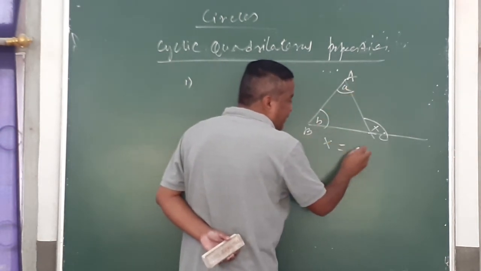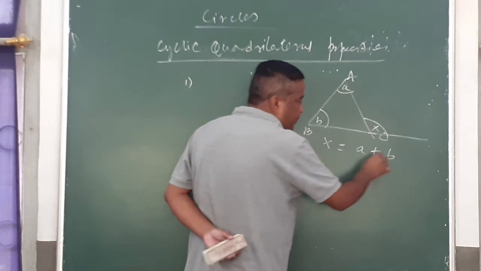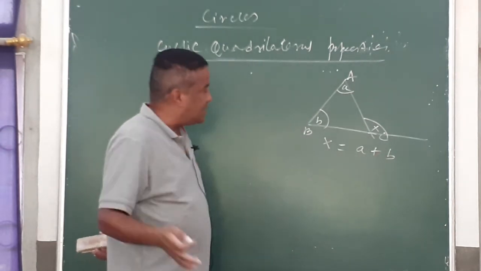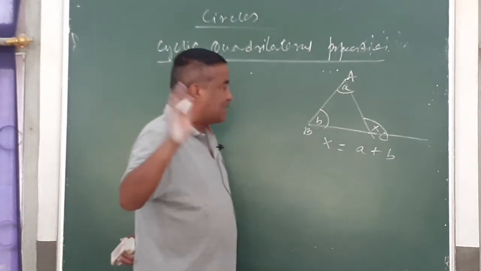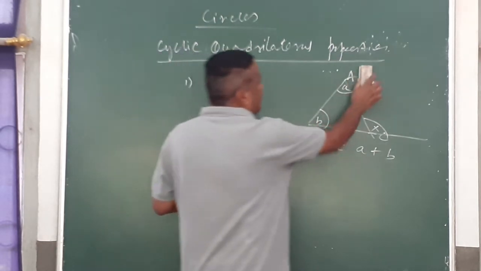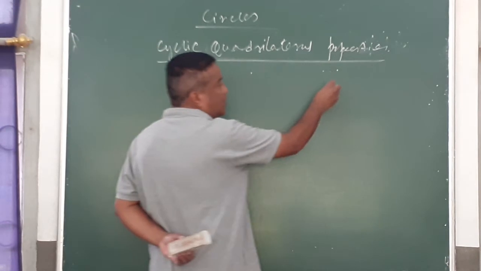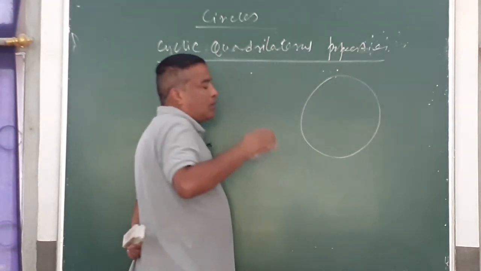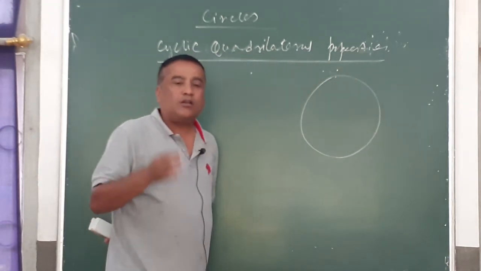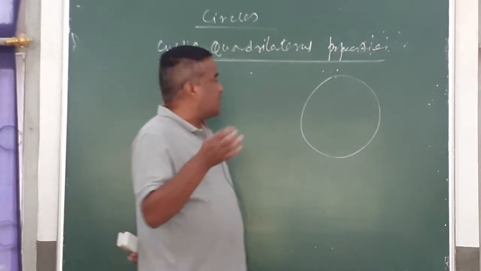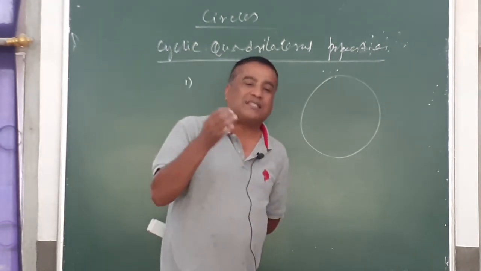That means we can write X equals A plus B. This you have done in junior classes, it may be class 7 or class 8. But in class 10, instead of a triangle, it is a cyclic quadrilateral. Now the theorem is, the exterior angle of a cyclic quadrilateral is equal to the interior opposite angle.